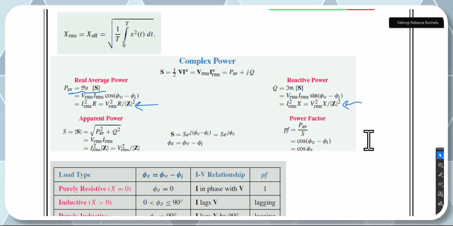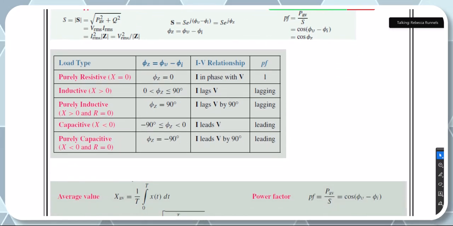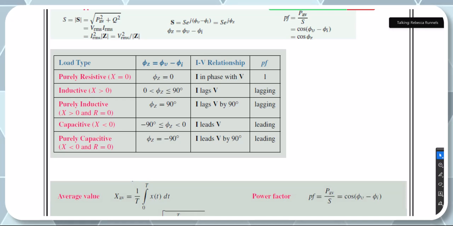Okay, so moving along from here. The other things that are essential to know have to do with the power factor, because we know that the cosine of the angle, the impedance angle, equals the power factor.